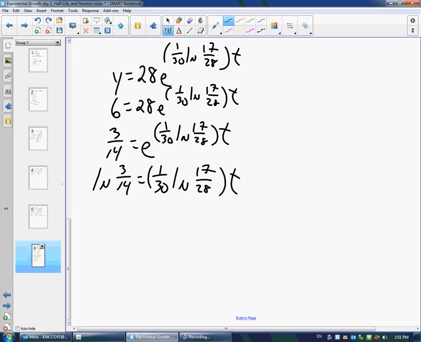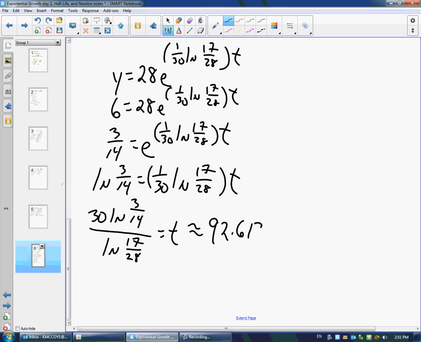And then solving for t, we'll multiply both sides by 30 and then divide by the natural log of 17 over 28. So we get 30 natural log of 3/14 over the natural log of 17 over 28. Again, just be real careful when you plug that in your calculator. And this works out to be a time of approximately 92.613 minutes, or just a little over an hour and a half.